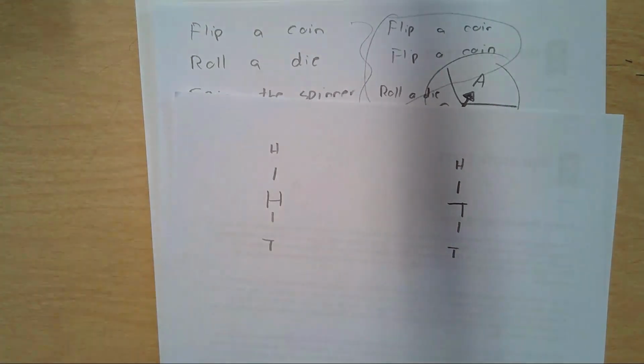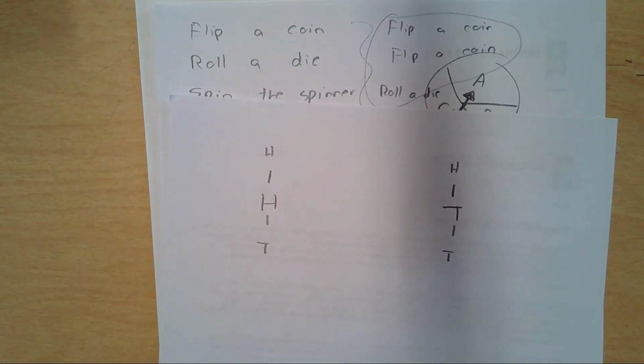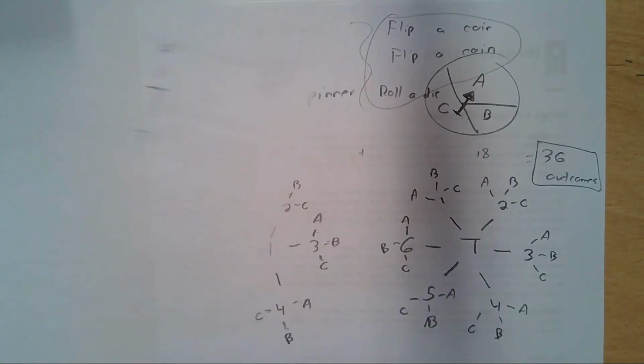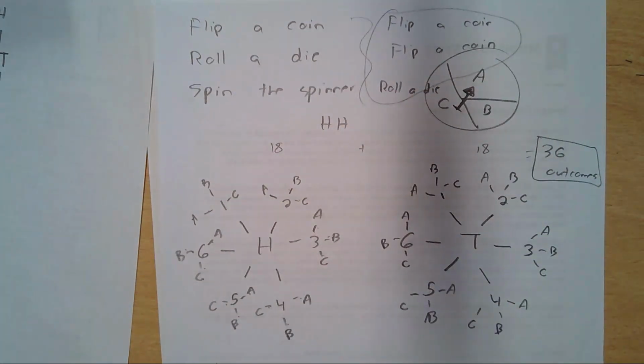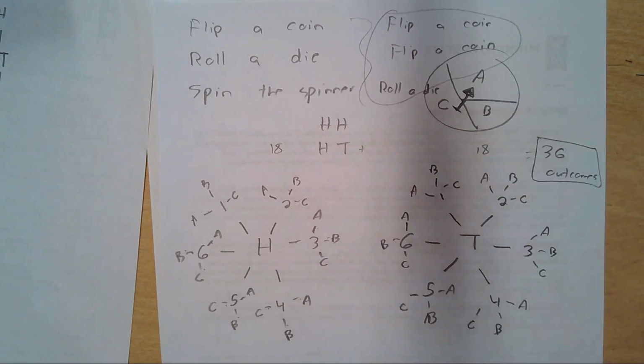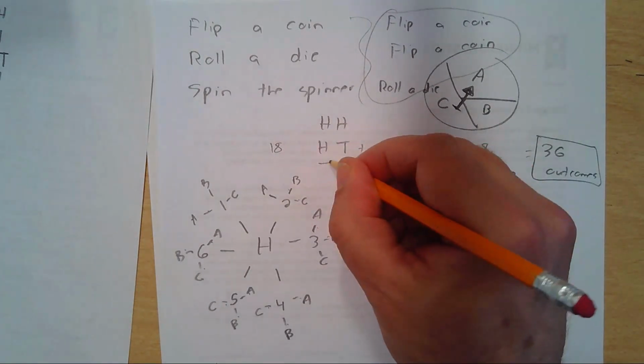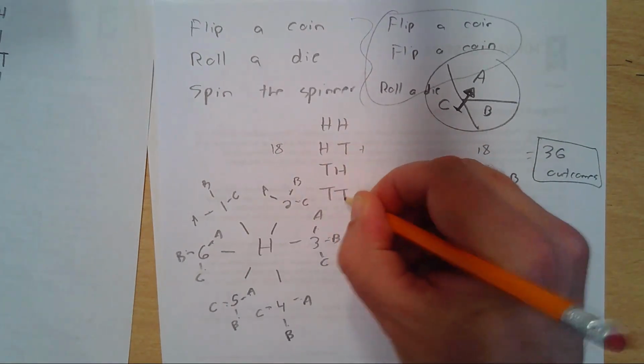So basically, this is showing me what could all happen. If I flip a coin twice, how many different things could happen? 4. What are the 4 things that can happen? Heads twice. I could get a heads and then a tails, I could get a tails and then a head, or I could get 2 tails.